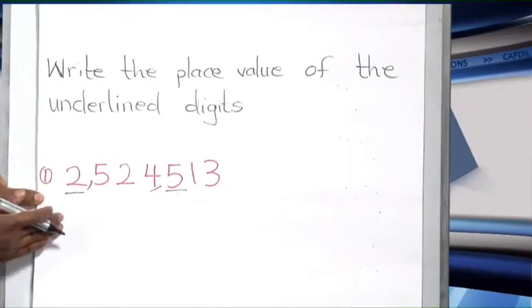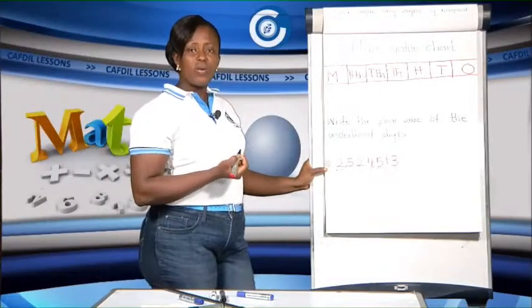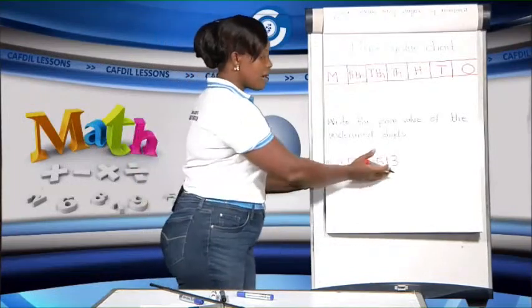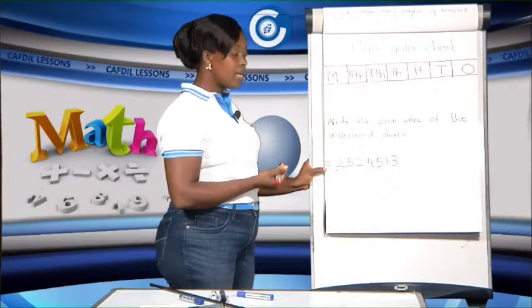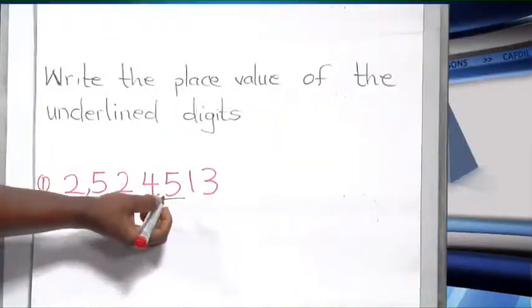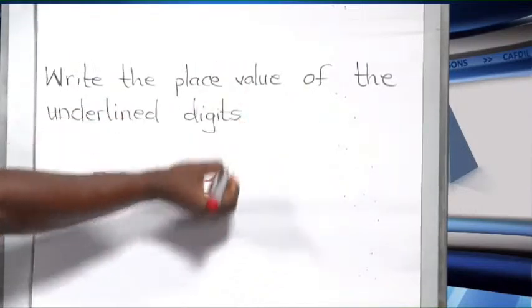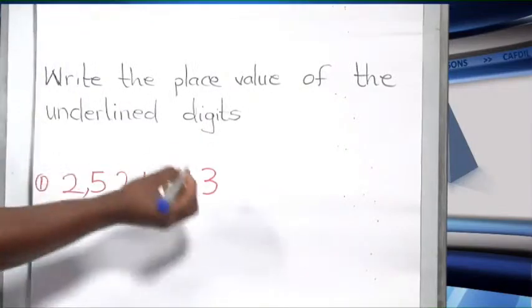Before we can write the value of the underlined digits, let's represent this number on our place value chart. And always start from the extreme right of the digits. So the digits here, we're going to write, start from this.